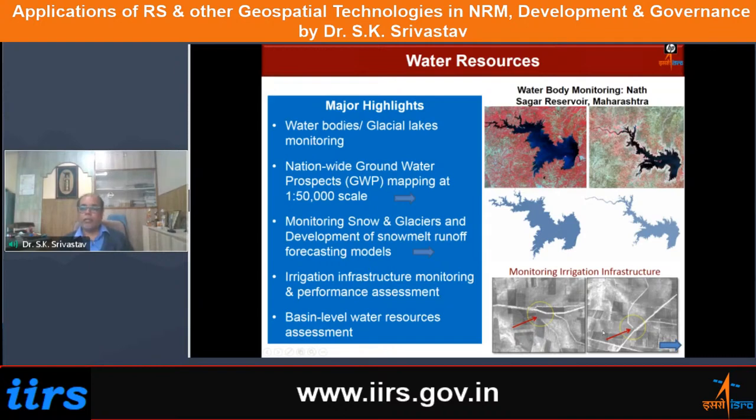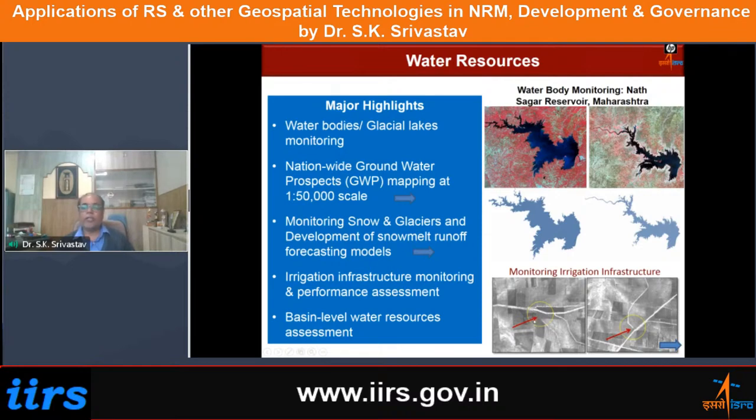On the bottom right, if you see, there are some high resolution images in black and white, and the white linear features you see are basically the canals. You can see yourself that ideally these canals should be linked with each other. That means they should be connected with each other, but you can see certain gaps.